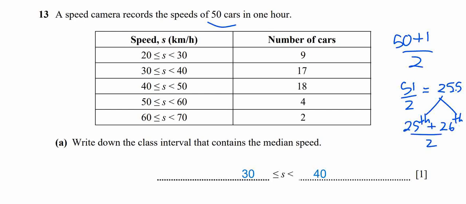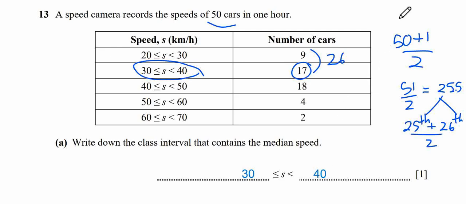So data number 25: 9 plus 17 is 26. It means data number 26 and 25 fall on this interval, so we don't have to divide because they are the same value, so it's 30 to 40. That's how we got the answer.